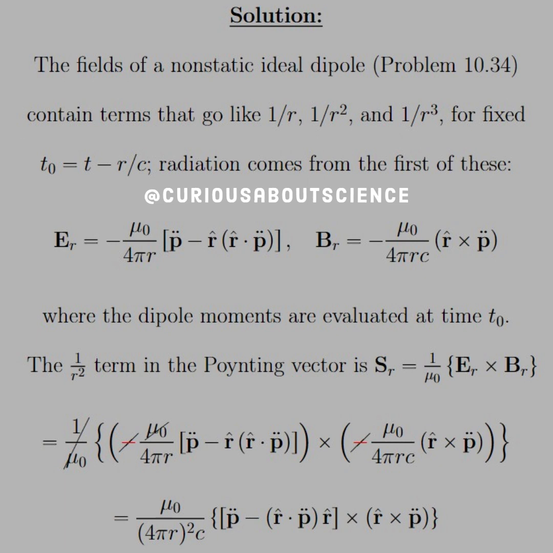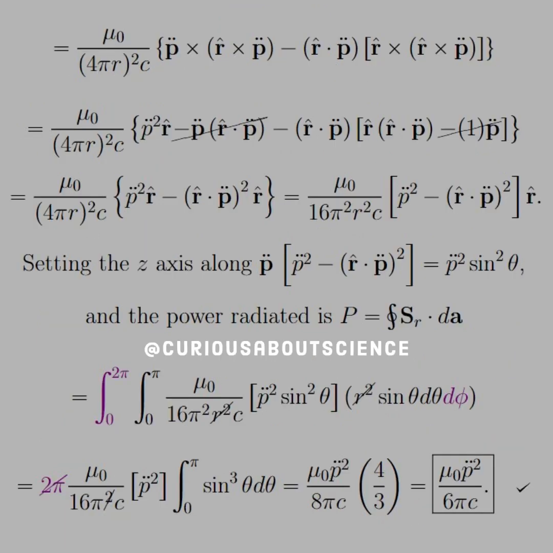As you see, we're set up for a BAC-CAB method. So we distribute the cross product, and after distributing the cross product, now we can just apply all the BAC-CAB rules we want. First one, as you see, we get a pretty expected result, and now we can cancel a p double dot, r hat dot p double dot with another r hat dot p double dot with a p double dot.